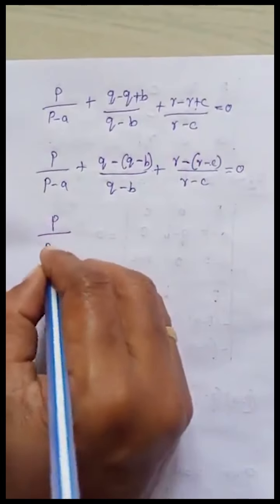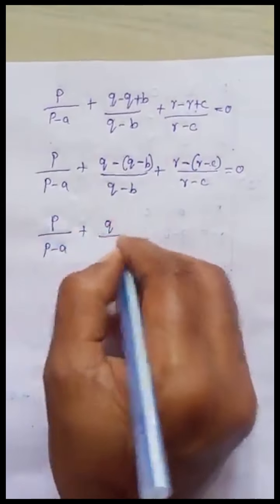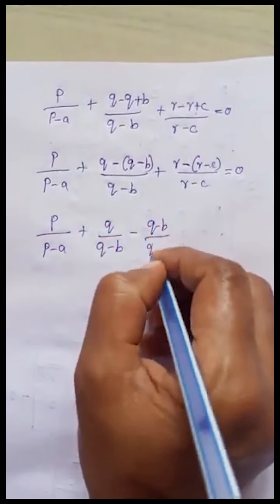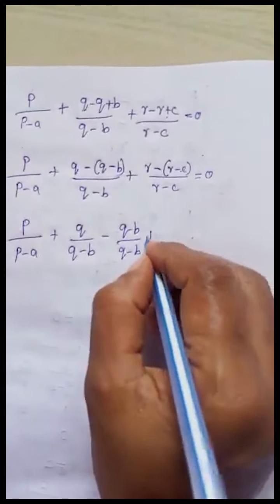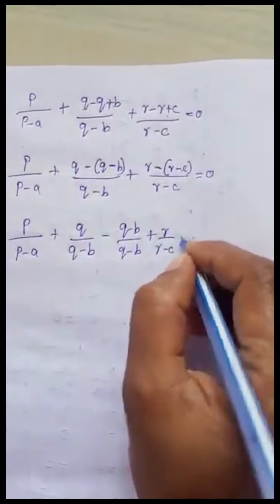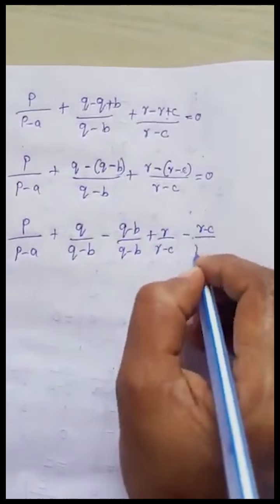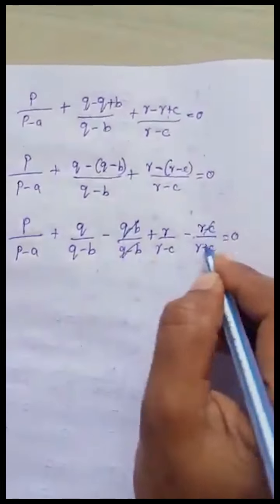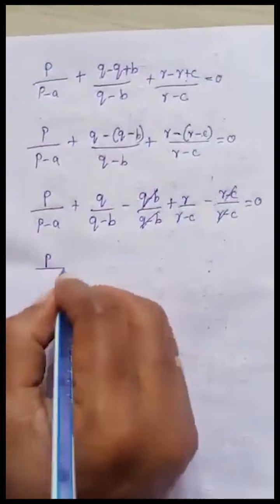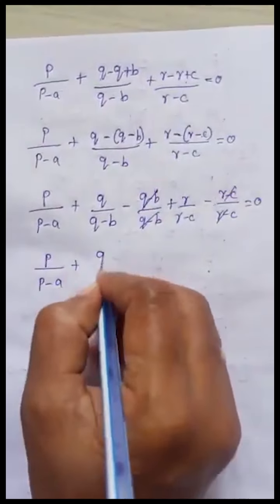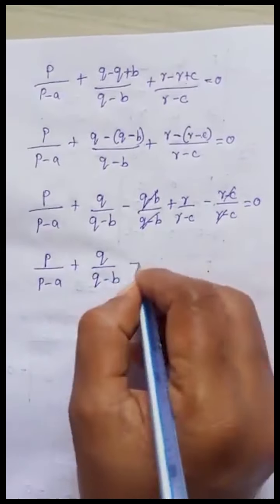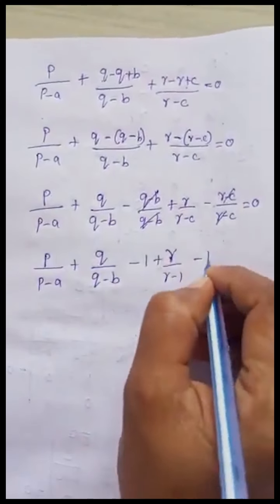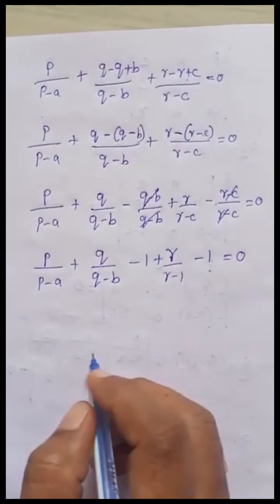Now I am going to separate each term. That is Q by Q minus B minus Q minus B by Q minus B plus R by R minus C minus R minus C by R minus C is equal to 0. See, these both will get cancelled. Then P by P minus A plus Q by Q minus B minus 1 plus R by R minus C minus 1 is equal to 0.